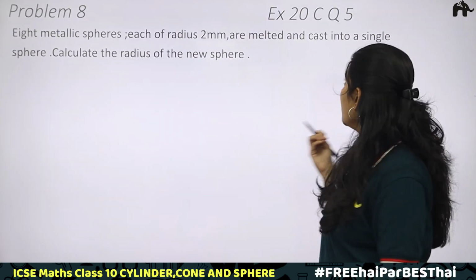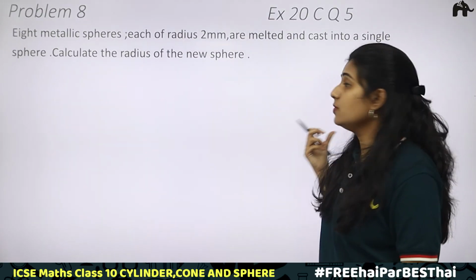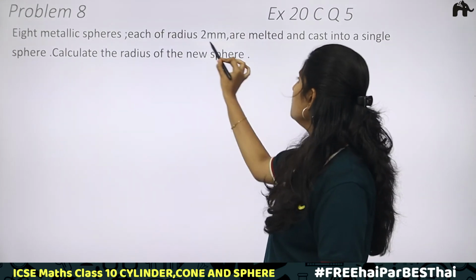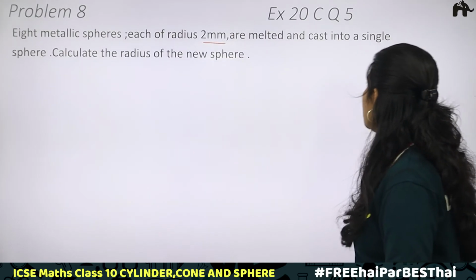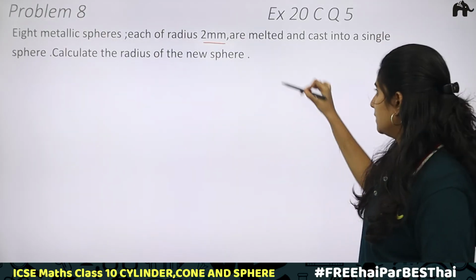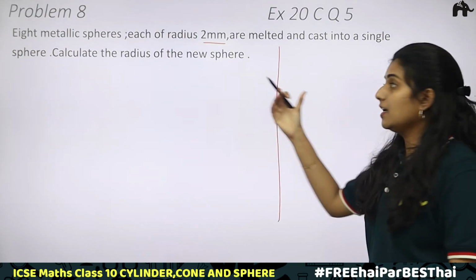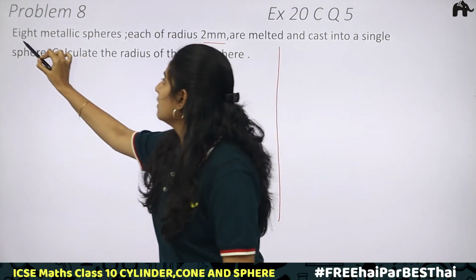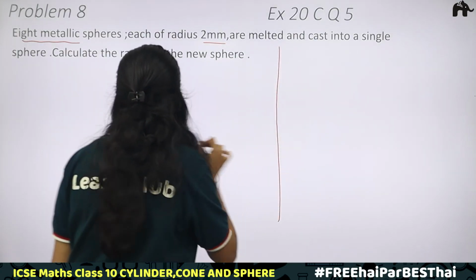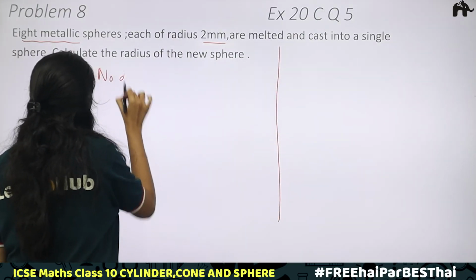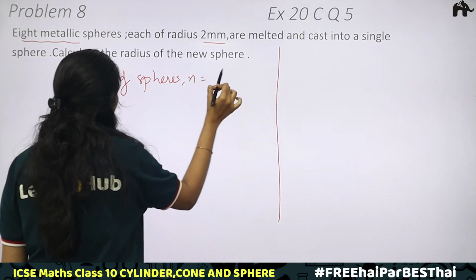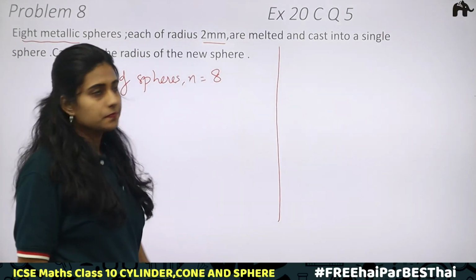Understood? Problem 8. Question 5 of exercise 20C. 8 metallic spheres, each of radius 2 mm, are melted and cast into a single sphere. Calculate the radius of the new sphere. Here the number of spheres is given. 8 metallic spheres. Number of spheres n is equal to 8.